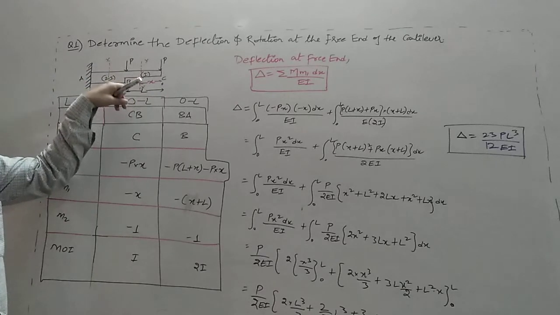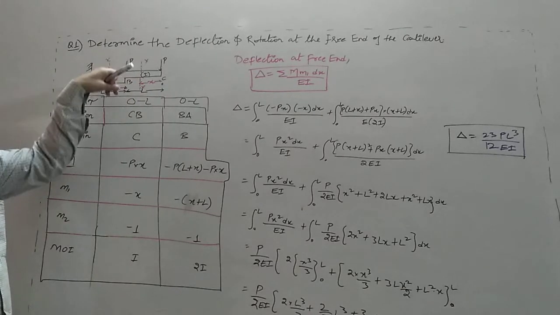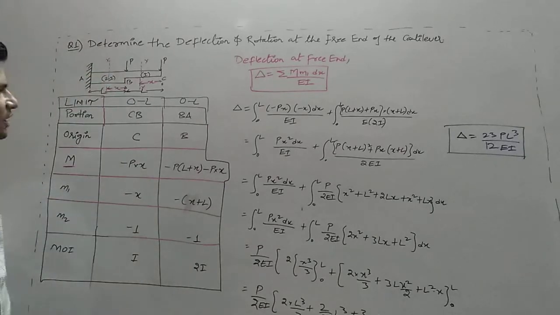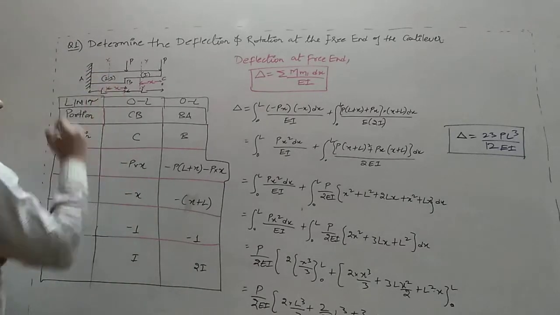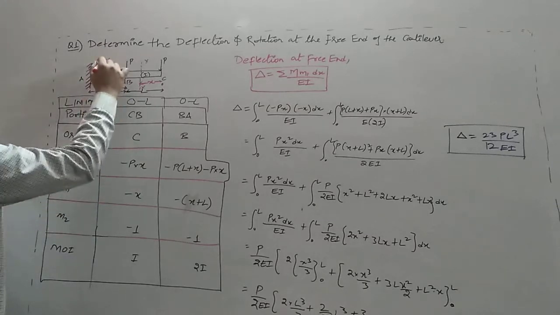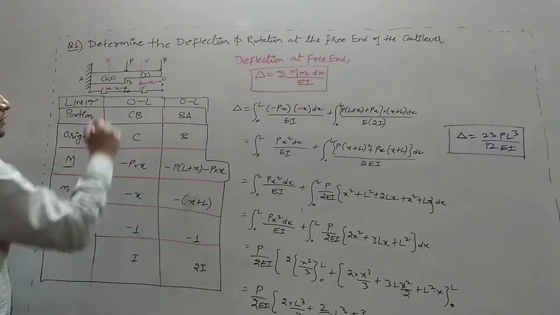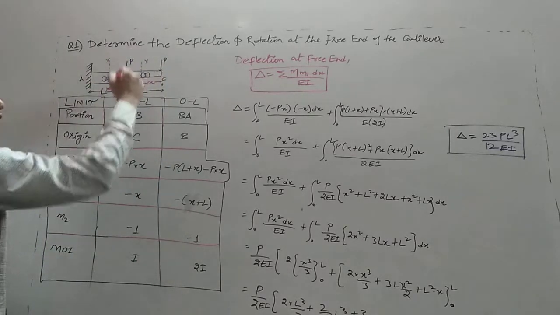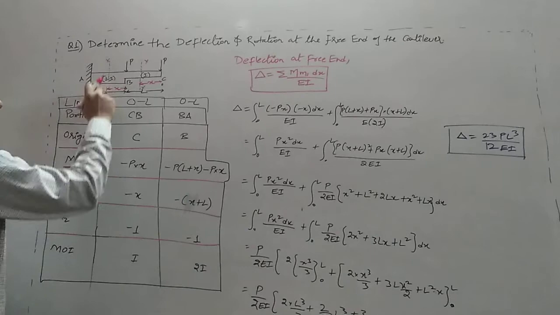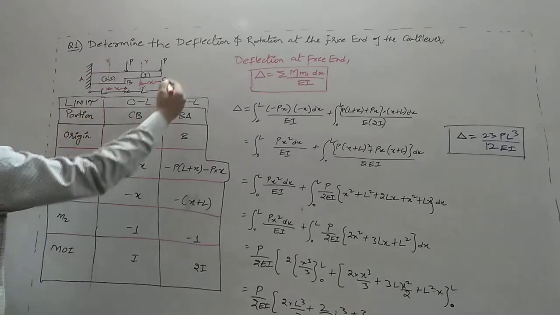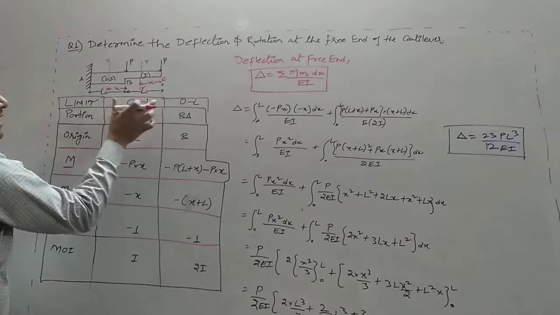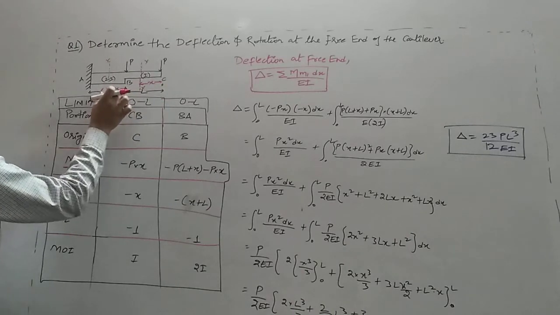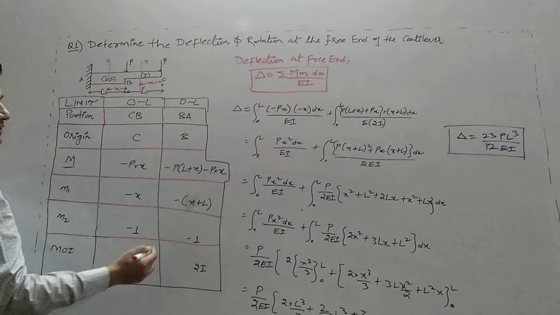Now for this section we have two forces, one P force and another P force. Now we have to write the bending moment for this x-axis section. This P force is multiplied by the distances, this is my L value and this is my x value. So P into L plus x is my one force.